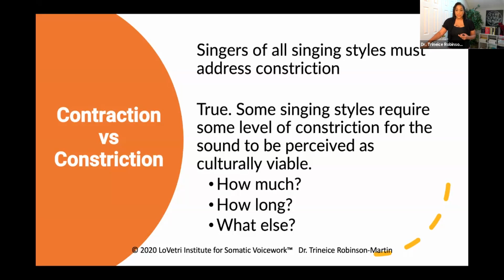But as a singing teacher, you want to be able to assess how much is actually required for this sound to be viable for this person that I'm working with. How long are they going to be singing in this particular sound? How long are they going to be using the sound? What are the effects? And also, what else does that singer have to do? I mean that stylistically.